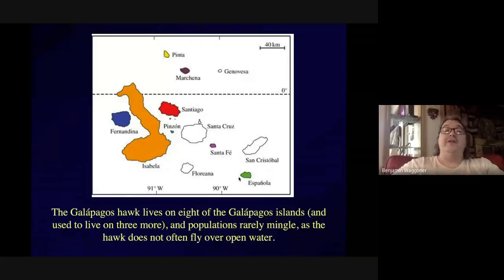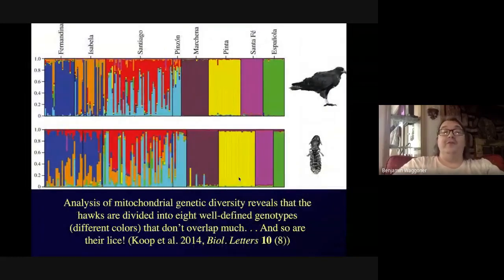Santiago, you've got a couple of clusters that are present there. And then on Marchena, Pinta, Santa Fe, and Española, those are smaller and more isolated islands. And almost all of the hawks on those 4 islands have DNA sequences that are assigned to unique clusters.